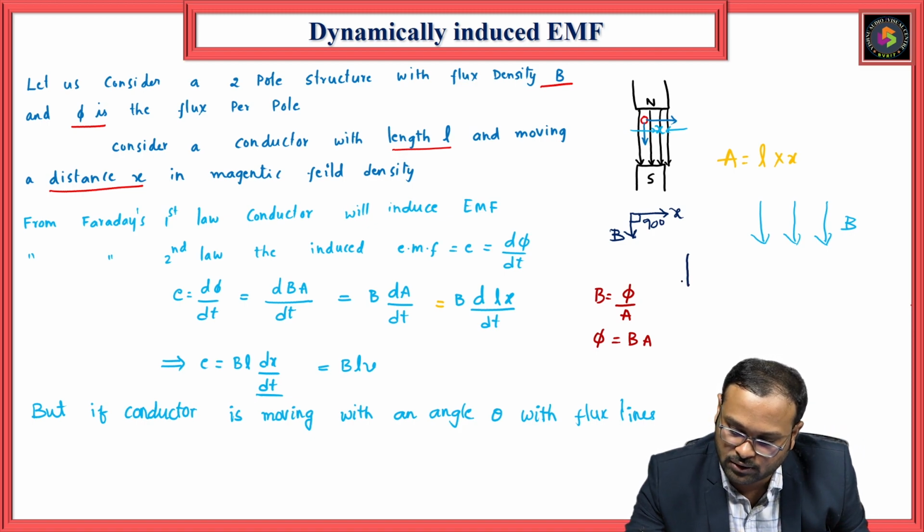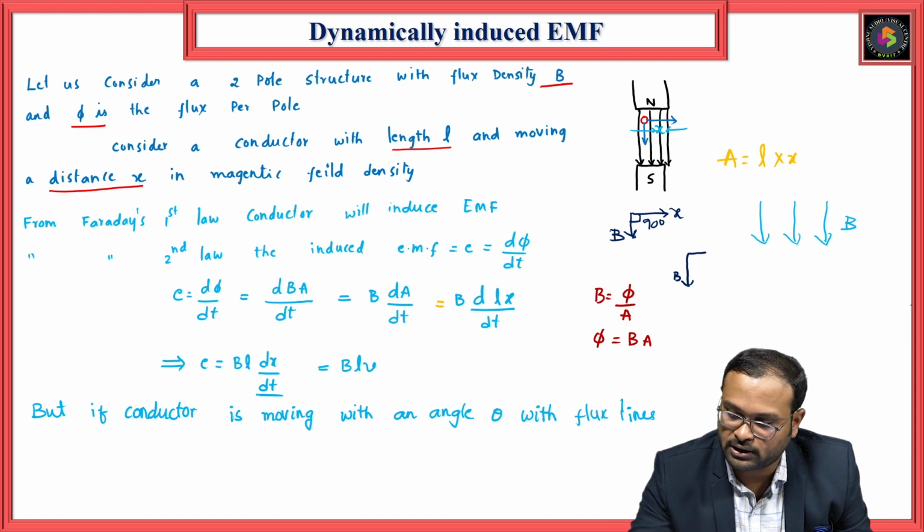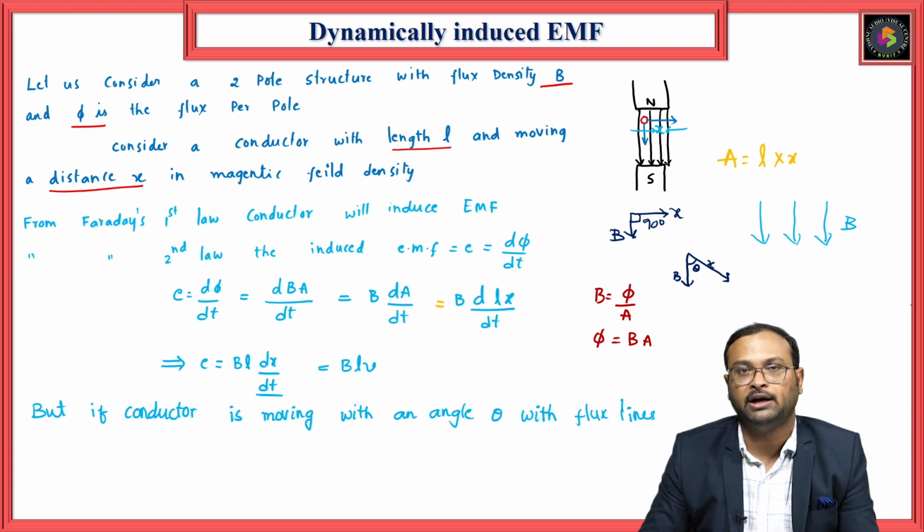B is constant, pointing downward. This is the angle theta, and it is moving the distance X.